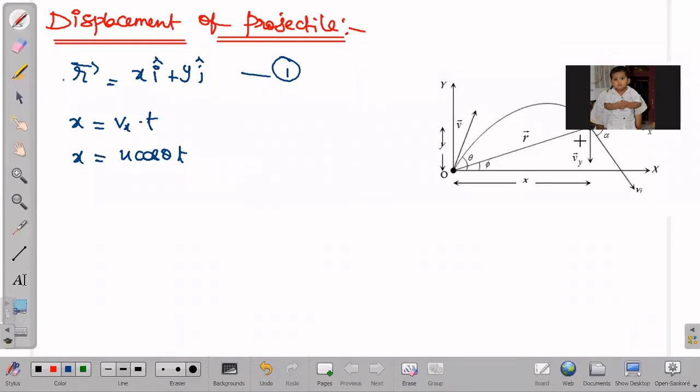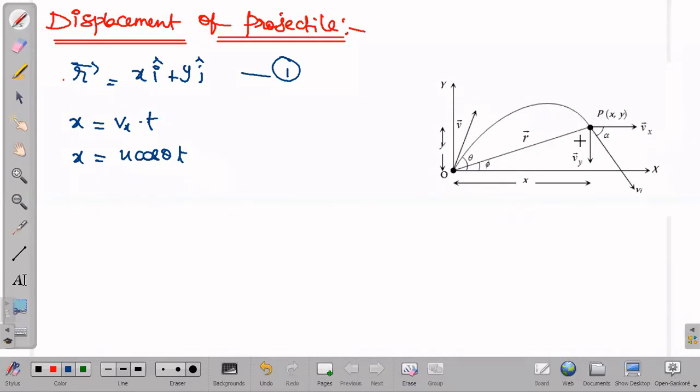In the same way I will write for y also. Before that, I will find vy, the velocity along the y axis.